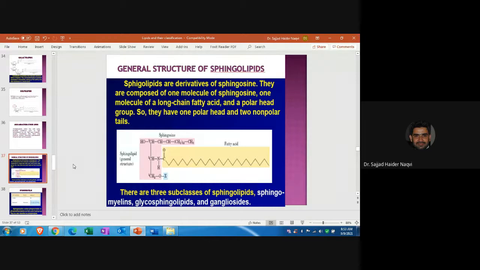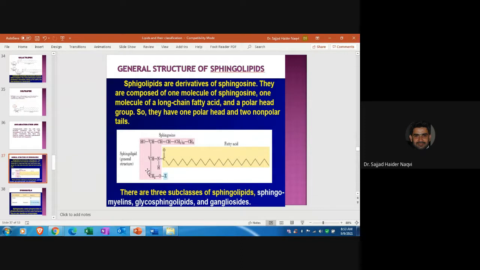Another type of lipid which was mentioned earlier on is the sphingolipid, and the sphingolipids are actually derivatives of the molecule of sphingosine. You can see here this purple molecule.